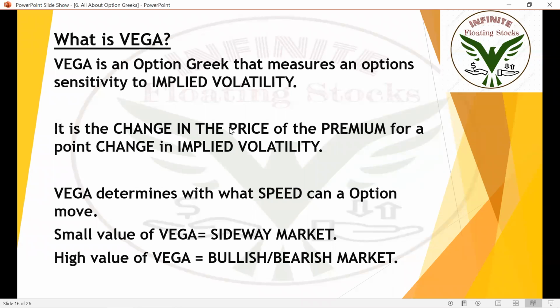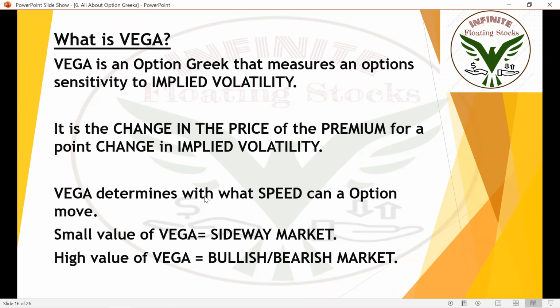It is a change in the price of the premium for a point change in the implied volatility. Just ignore all these definitions. I'll be explaining Vega in very simple words. Vega determines with what speed an option can move. Just remember this line.